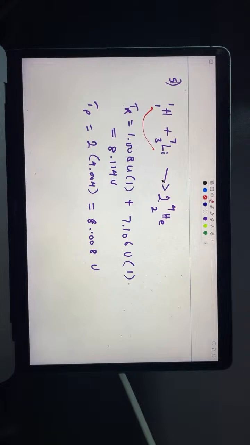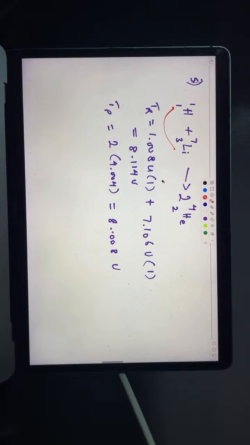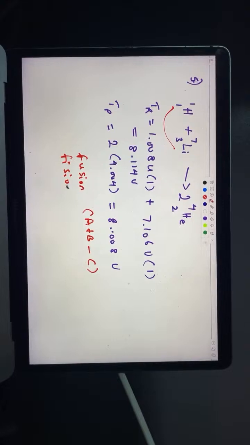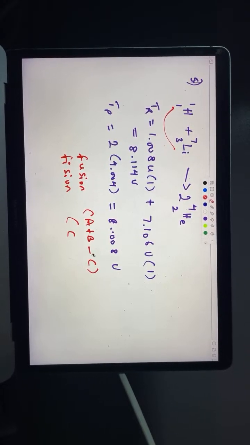So you don't need to figure out Roman figure 1, because the nuclear reaction we were given is not a fission reaction. It is a fusion reaction. A fission reaction always involves the breakdown of big nuclei to give smaller ones, while fusion always brings A plus B to give C, and fission always makes C split into A and B.